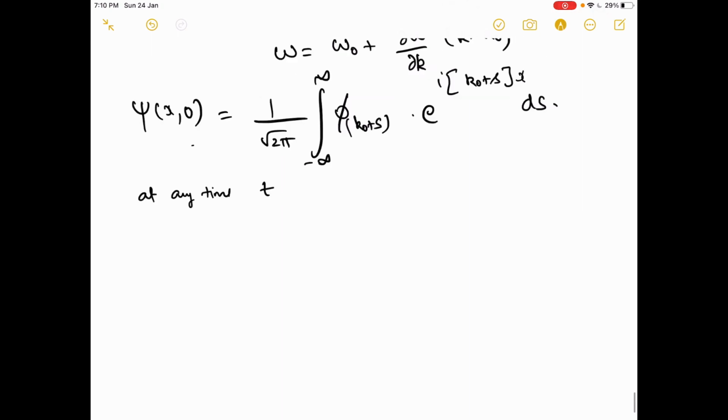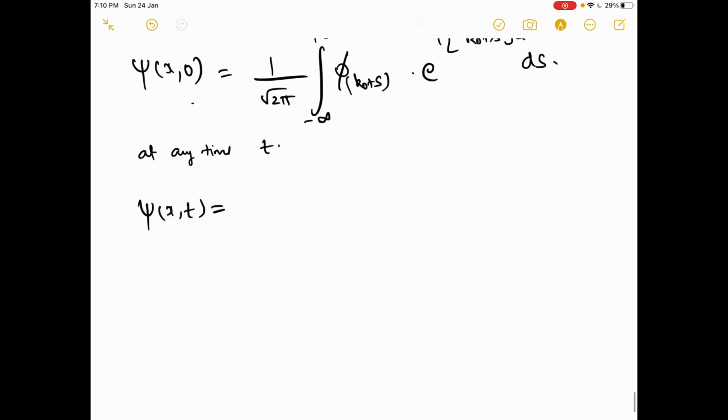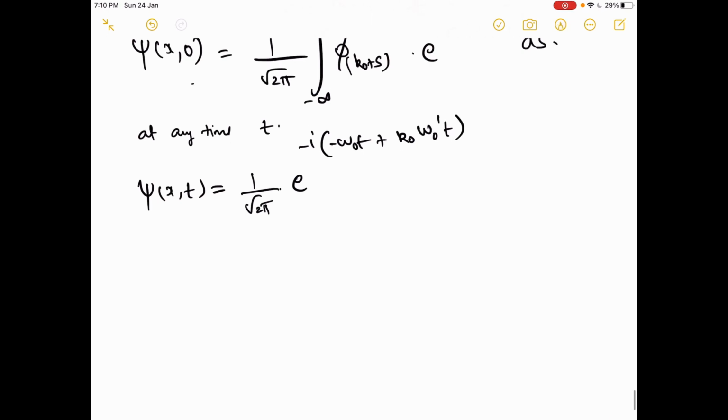At any time t, it can be written as psi of x comma t equal to 1 by root 2 pi e power minus i (omega naught t plus k naught omega naught dash t), multiplied by an integral from minus infinity to infinity of psi of (k naught plus s), as we got in the previous case, e power i (k naught plus s) into (x minus omega naught dash t) ds.